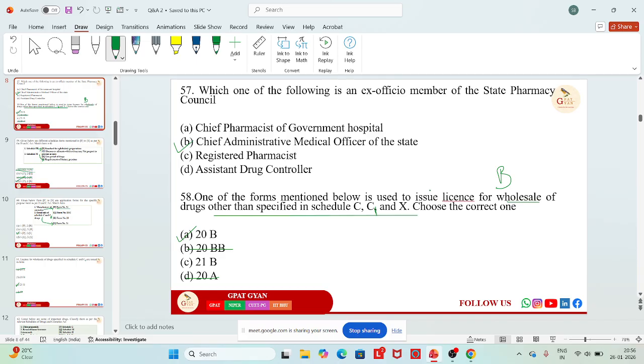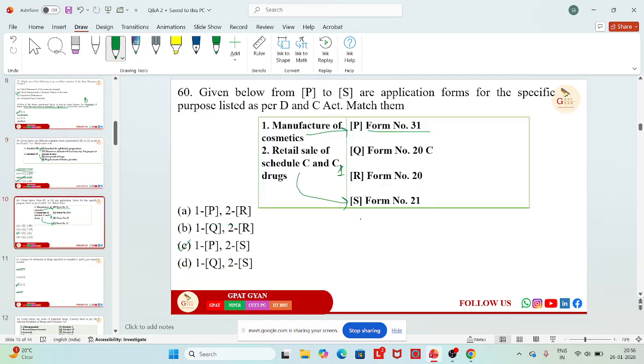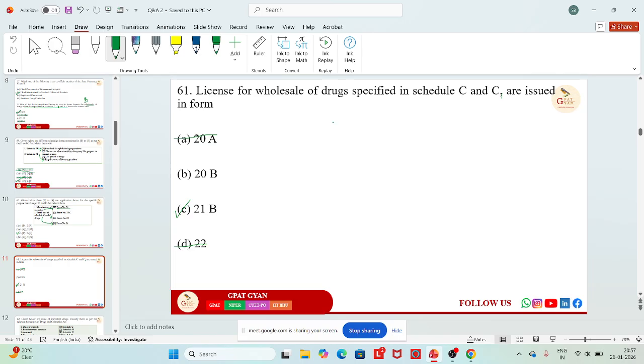You saw here that other than specified in schedule C, C1 and X. And here is also the same thing. So 21B.